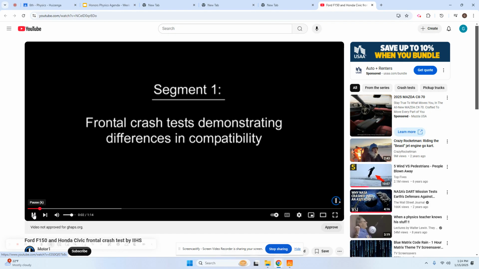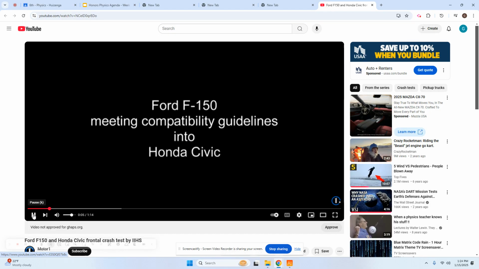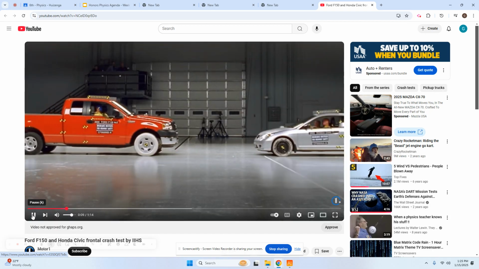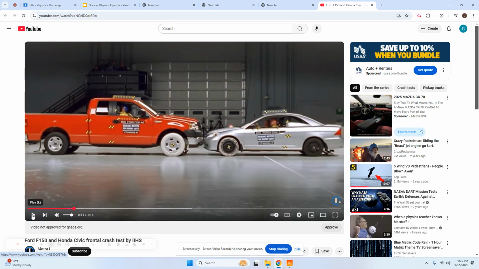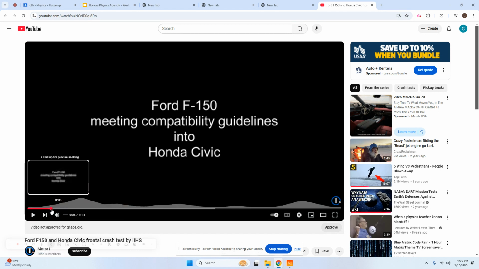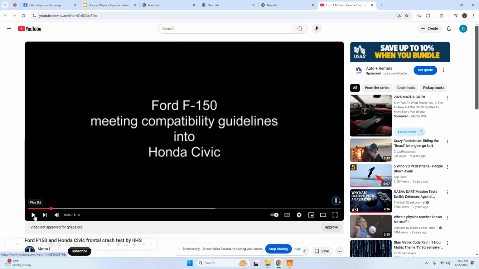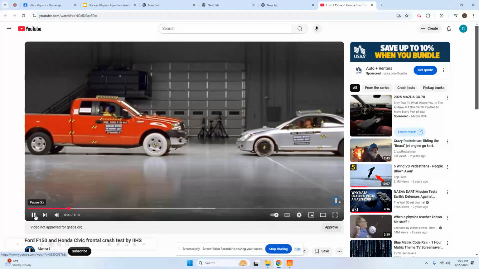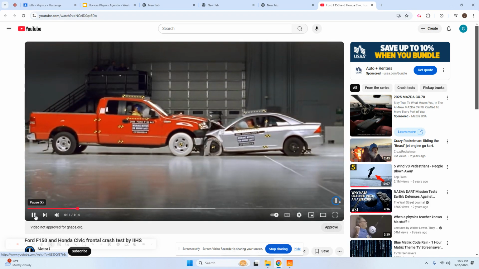Now, frontal crash test demonstrating this is an F-150 meeting a Honda Civic. And so now I want you to notice something. Can you guys see the Honda Civic is traveling faster than the truck? Watch their collision here. The test engineers designed these to have the same momentum so that when they collide, they basically come to a stop. Bigger mass, smaller velocity, smaller mass, bigger velocity.